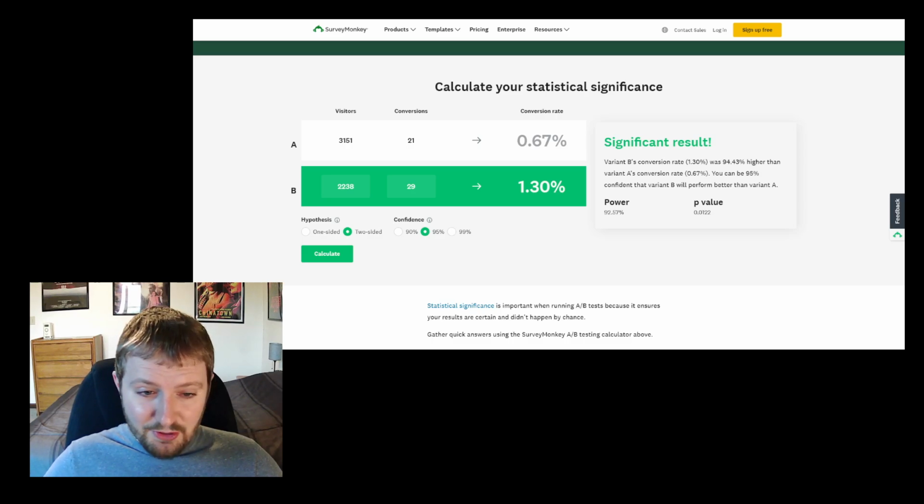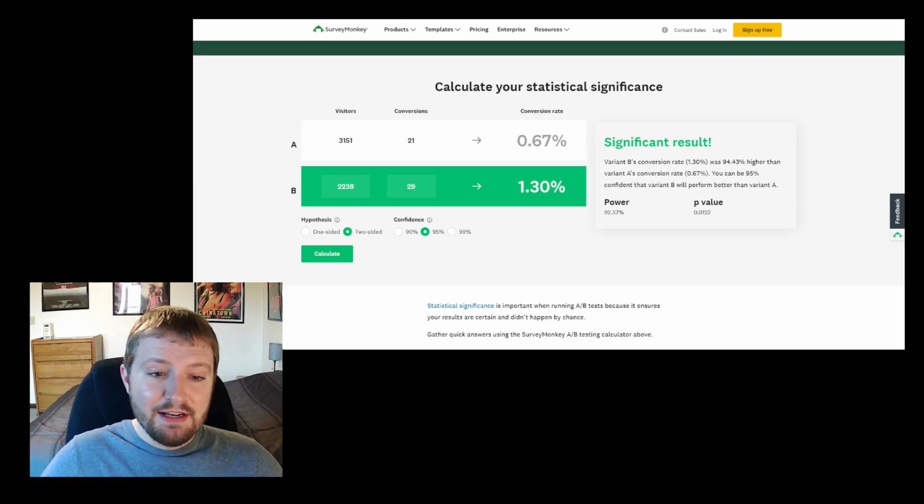Again, maybe those percentages don't seem all that different, but if you look, you can see that the hashtag targeting performed 94% better than the interest targeting, and there's greater than 95% confidence that that's not happened by chance. In fact, if you look at the p-value, it's closer to 99% confidence that that is a statistically different result.